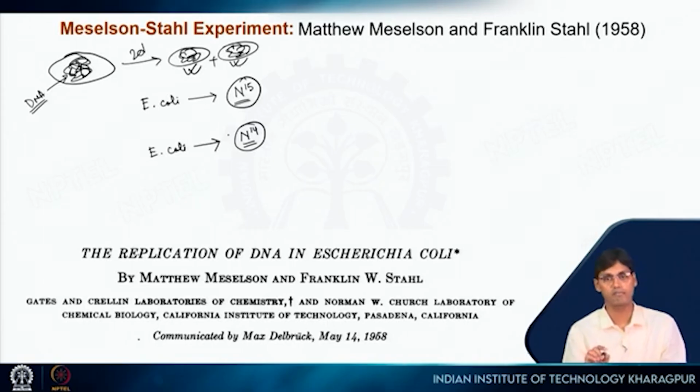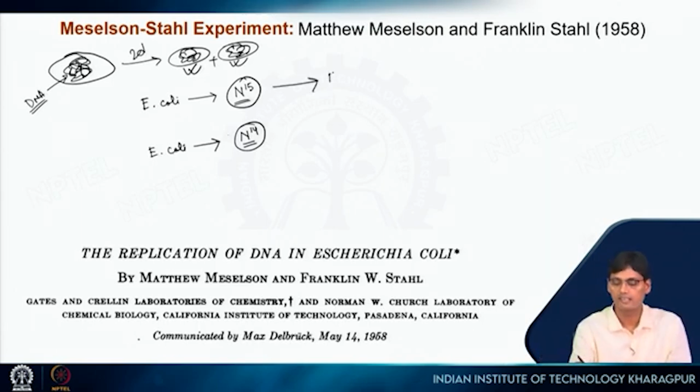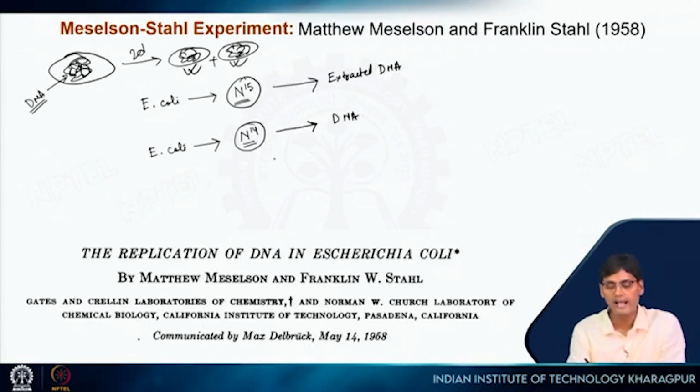Now, after several hours, they extracted DNA from the bacteria which were grown in N15 media. Similarly, they extracted DNA from those bacteria which were grown in N14 containing media.